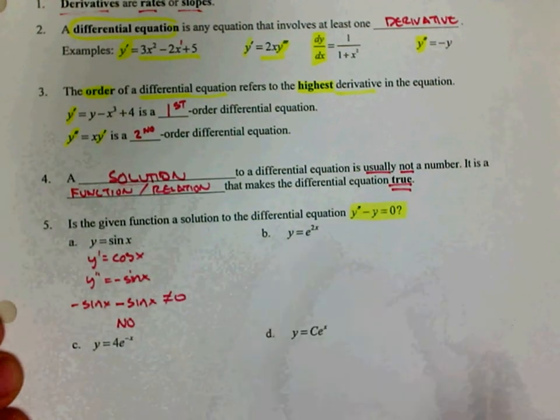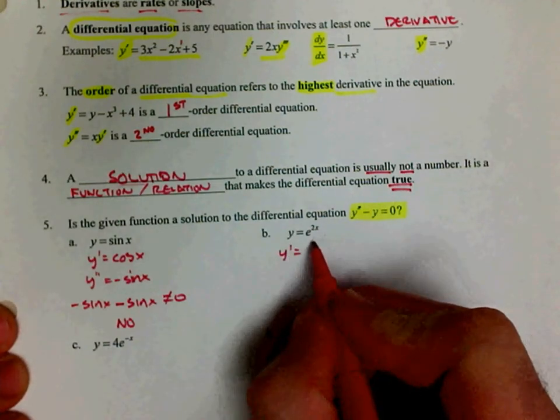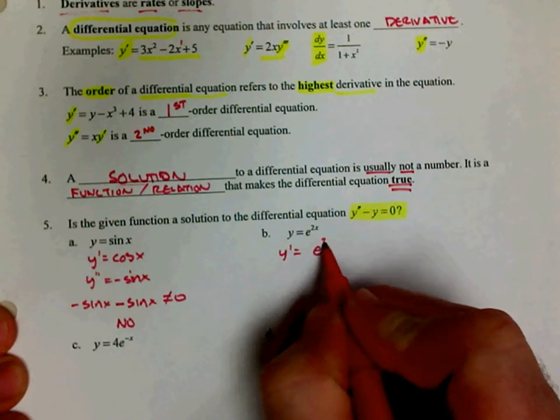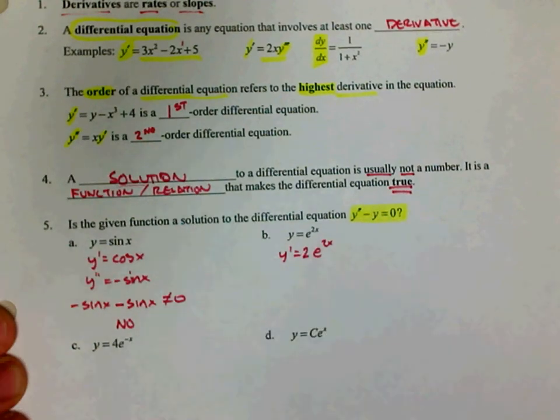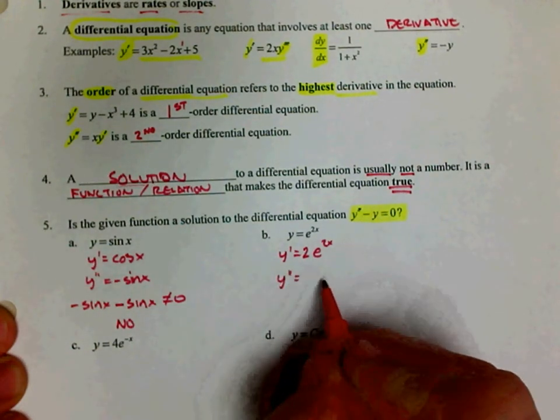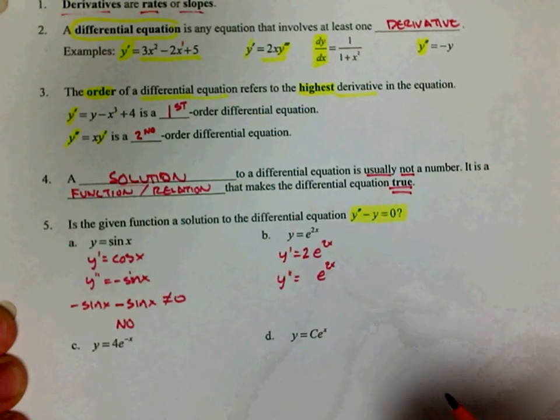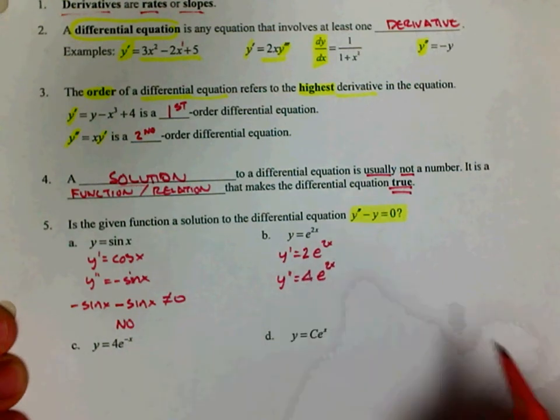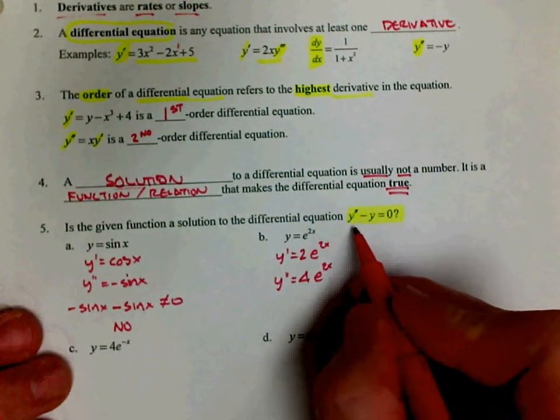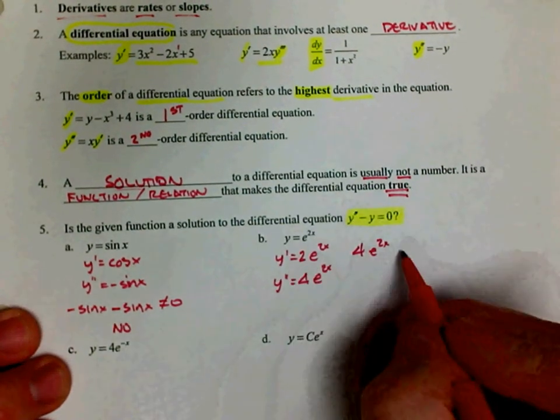Let's try our next guy. First, let's find y prime again. We've got chain rule here. Derivative of e to the x is e to the x, and then derivative of the inside would give us 2. Our second derivative would be the derivative of this, e to the 2x. Derivative of the outside, keep the inside, times the derivative of the inside is going to be another 2, times this 2 would give us 4e to the 2x. Let's substitute these in. First, we'll have 4e to the 2x, and then we'll subtract 2e to the 2x.